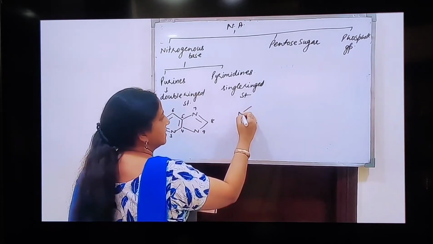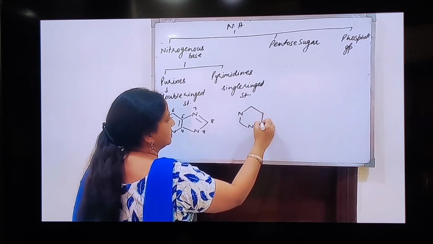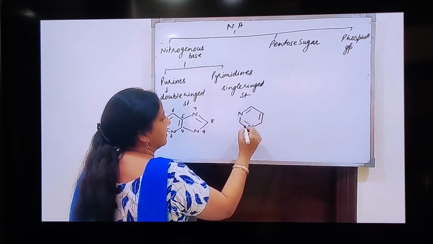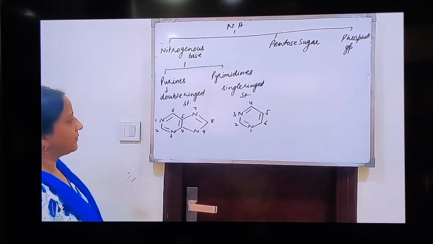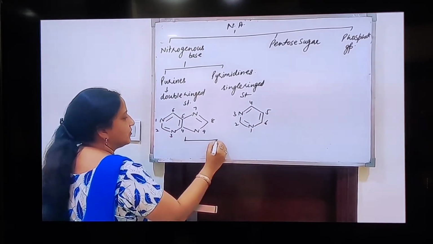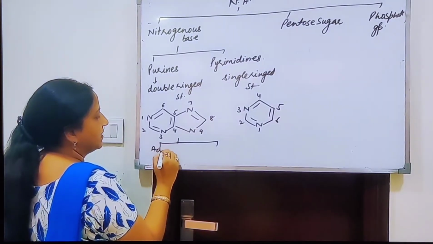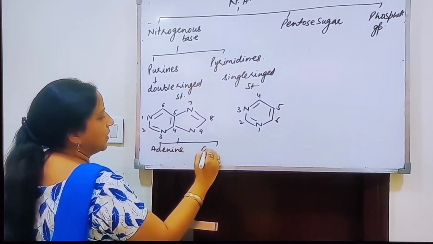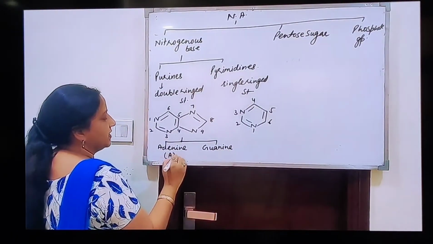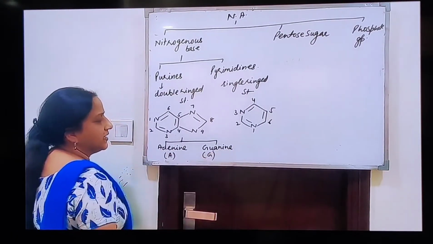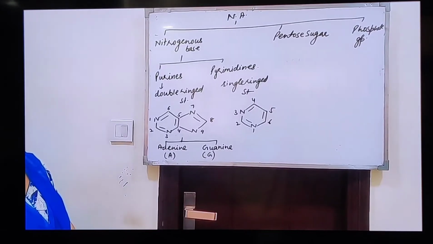And pyrimidine has this type of structure. It has only one ring which is 6-membered and it is numbered like this. Purines are of further two types, adenine and guanine. Adenine is represented by capital A and guanine by capital G.